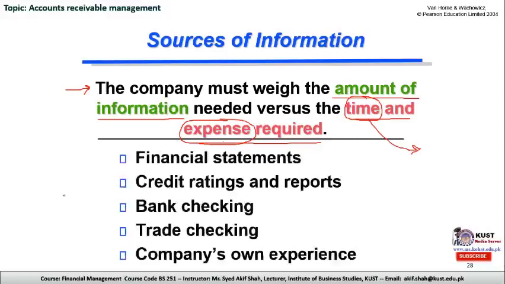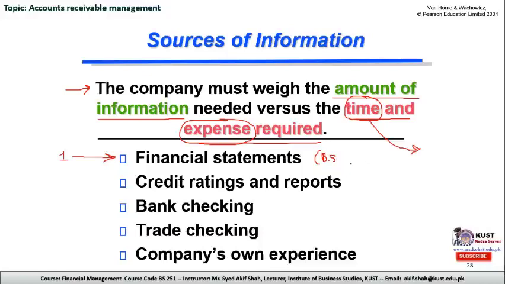So what is the amount of information? We can demand the financial statements at step number one. We can ask our credit applicant to provide us their financial statements if that is a retail business. A registered business is legally required to make its financial statements and to adopt the accounting procedures. So we can check their financial statements, which are the balance sheet, income statement, statement of owner's equity, and retained earnings statement or cash flow statement as well.